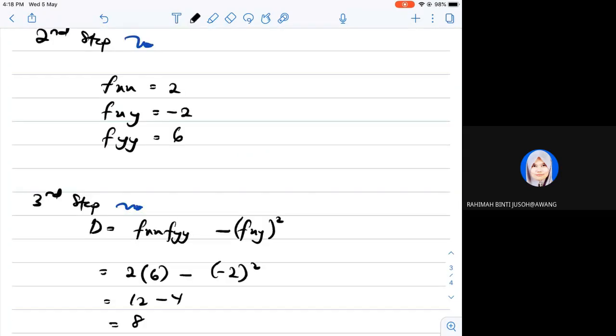Unless kalau misal katalah kat sini you ada 2x, kat sini you ada negatif 2y, kat sini you ada 6x. So bila you cari D, you akan dapat 2x darab 6x tolak negatif 2y kuasa 2 kan. So you akan dapat 12x kuasa 2 tolak 4y kuasa 2. Ini maksud saya.